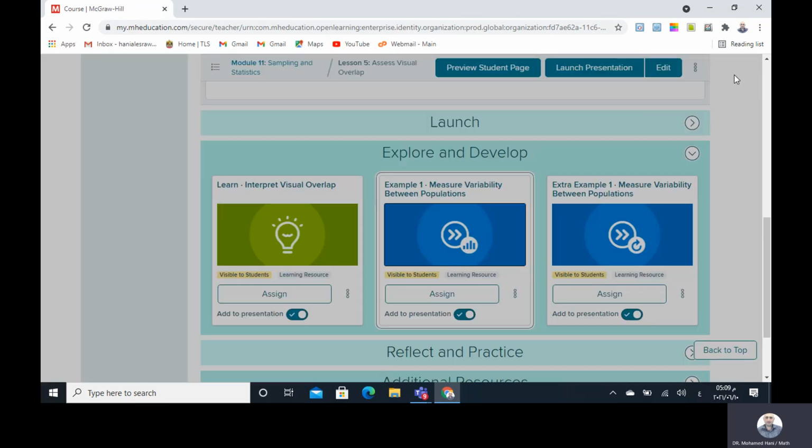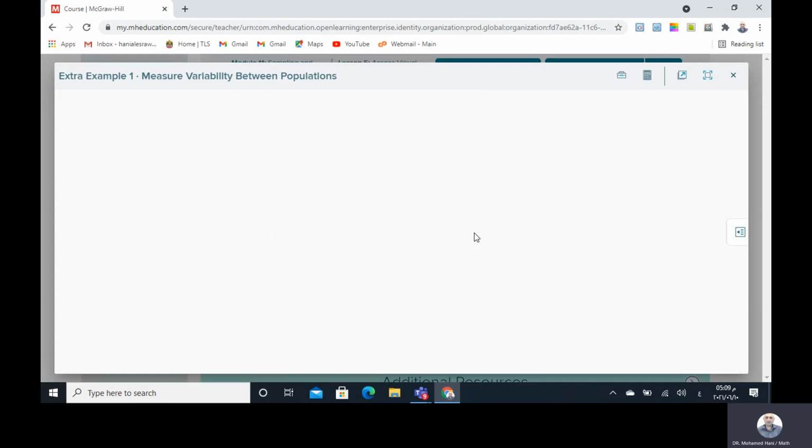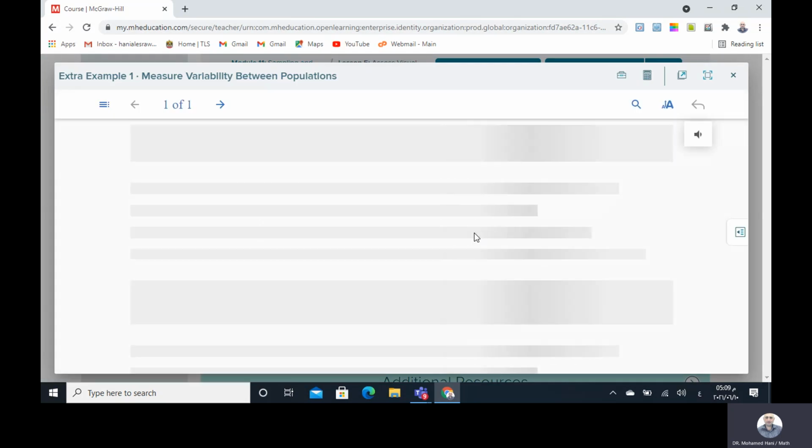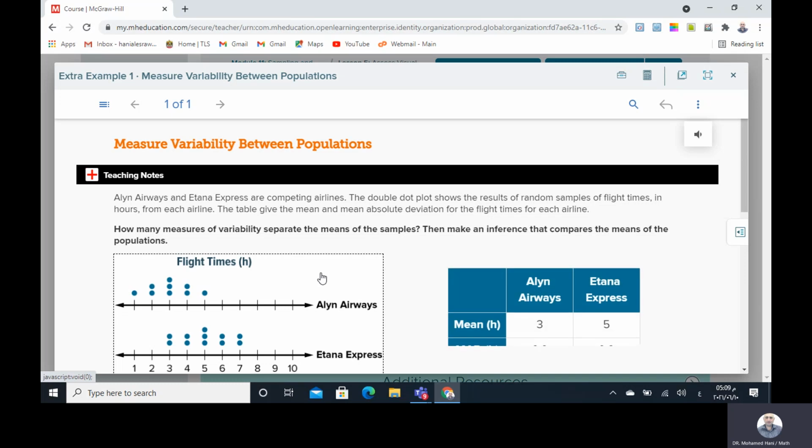The second example. Measure variability between populations.